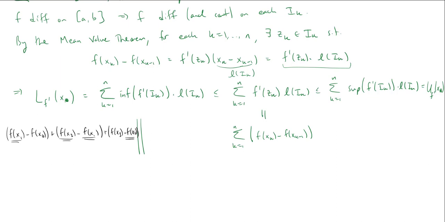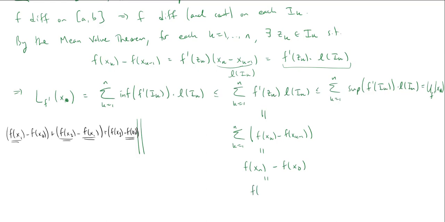The only thing that's going to be left is this f of x naught with a minus, that never has anything to cancel with it. And then when you get down to the very end, you'll have an f of xn, and there's no next term to cancel that. So this is going to equal, at the very end, f of xn minus f of x naught. Oh, but xn, that's just the end of the interval, that's just b.